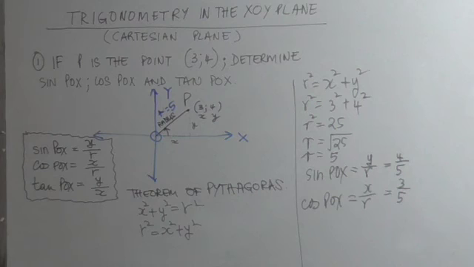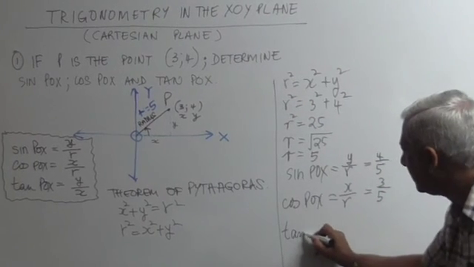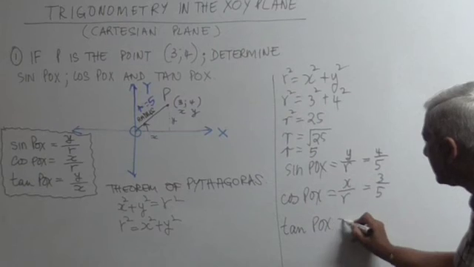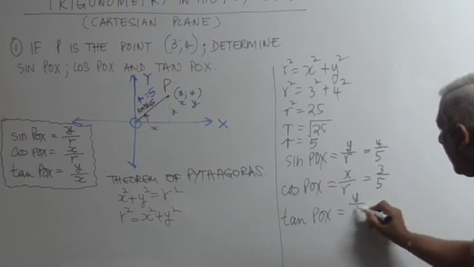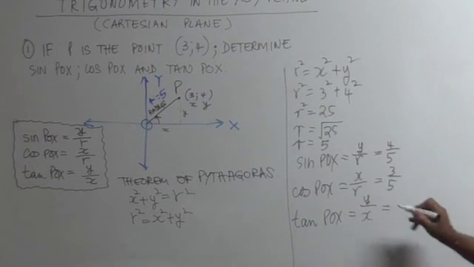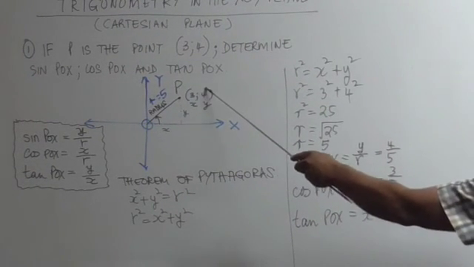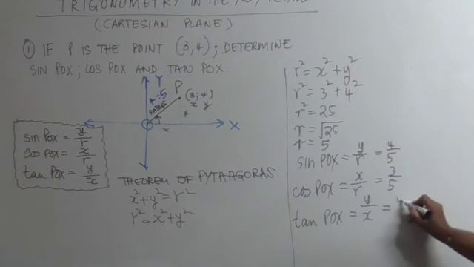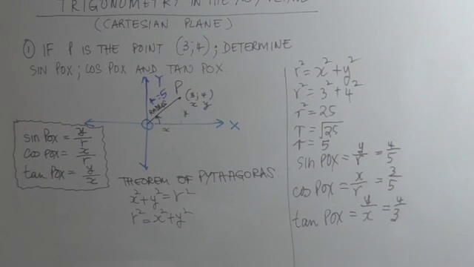So cos POX is equal to 3 over 5. And finally you want tan POX. Tan POX is equal to y over x. Y is 4, x is 3. So this is 4 over 3. So we have found sine, cos and tan for POX.